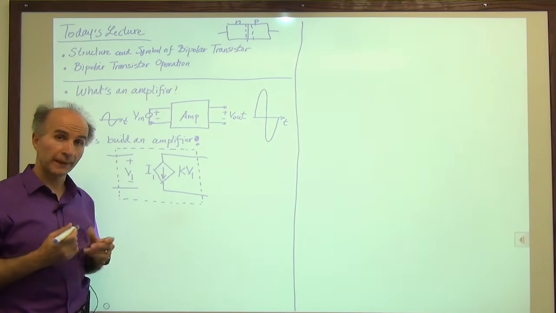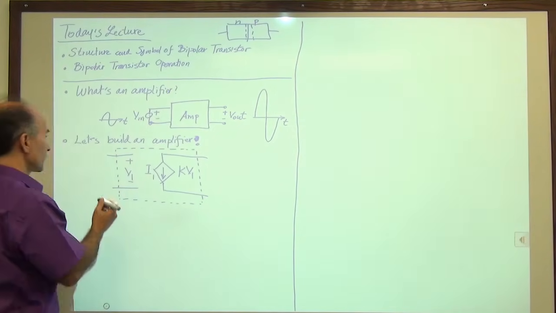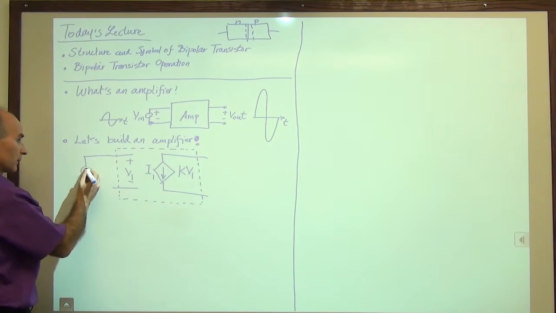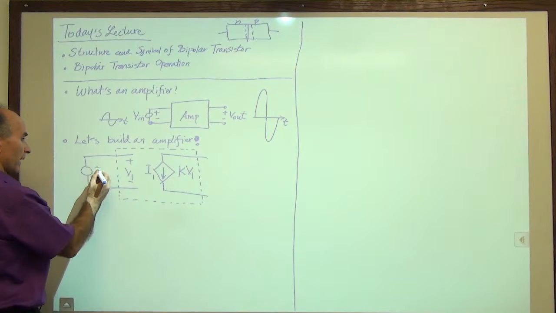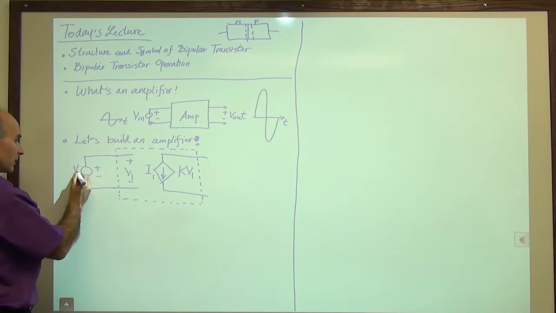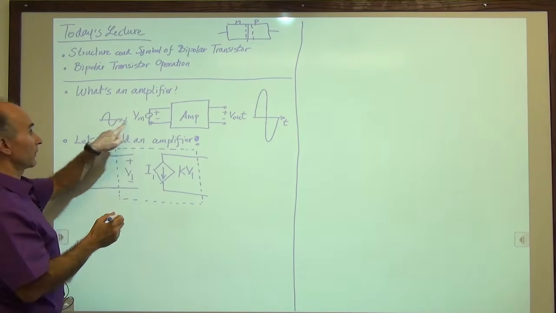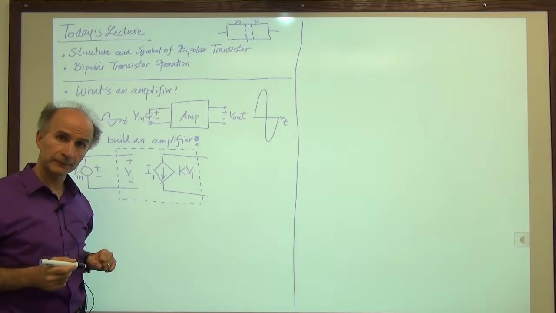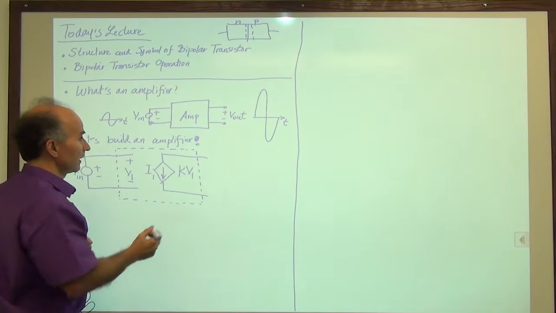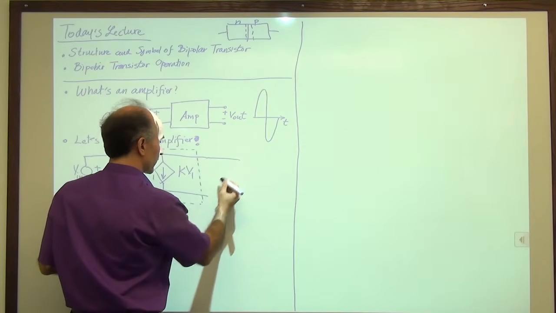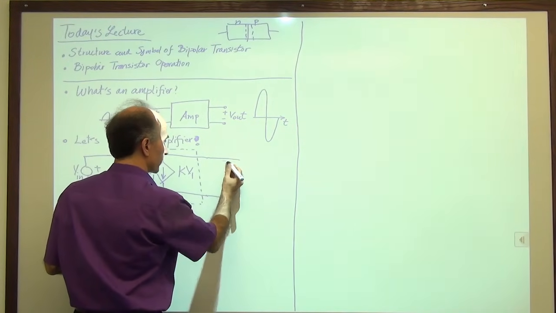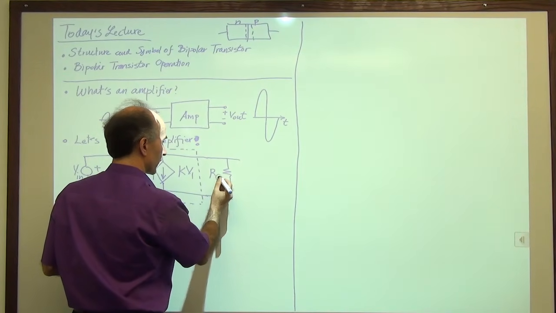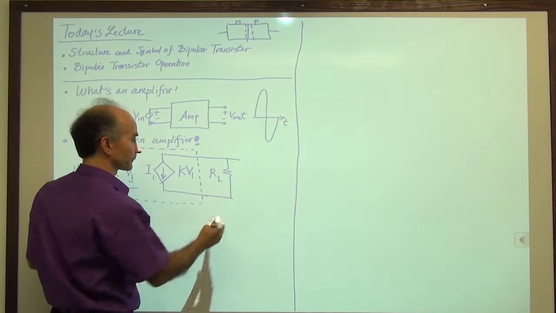And I'm hoping to build an amplifier. So I will connect my input source to here. That is the input. This input, for example, that sinusoid or my voice that goes into this microphone. And then I take these 2 wires and connect them to a resistor. And we call this resistor for now RL.